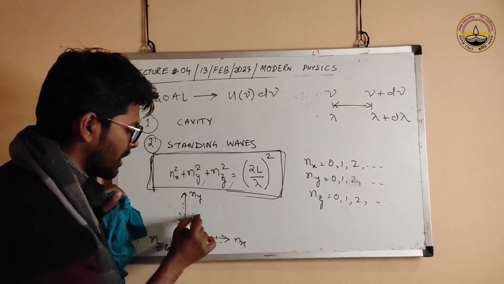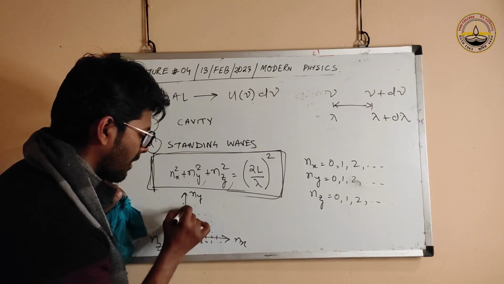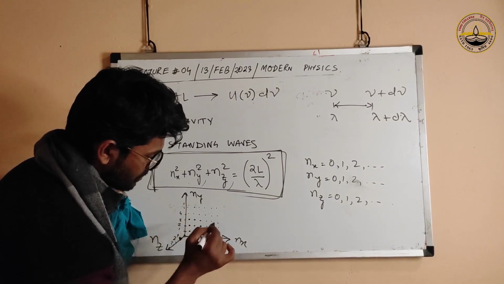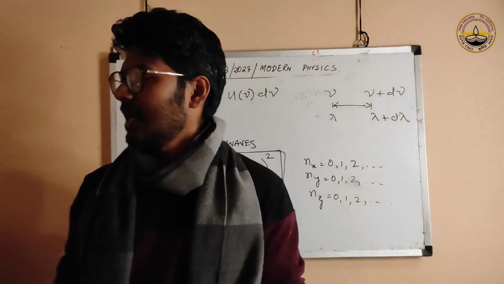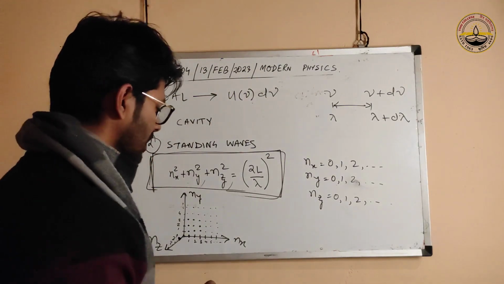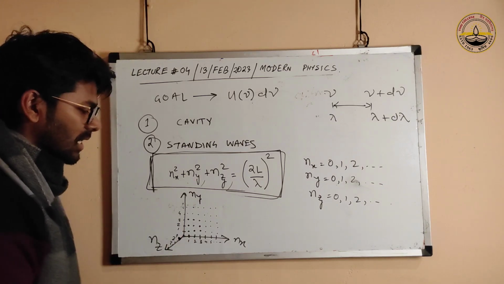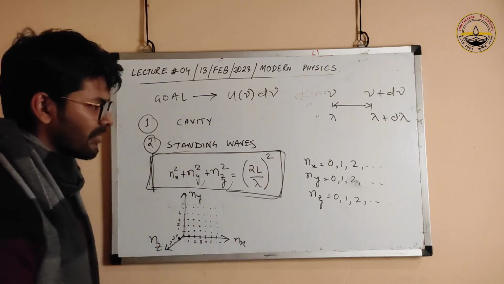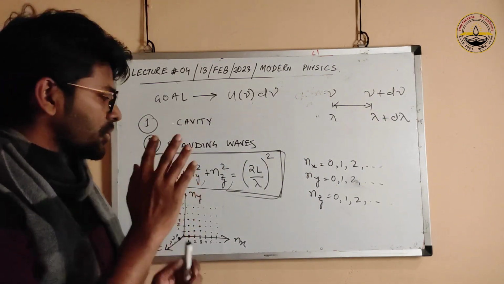It's a space that is not continuous, but filled by these numbers, because nx, ny and nz are integers and not real numbers. Okay, this is important because we are going to use this later.